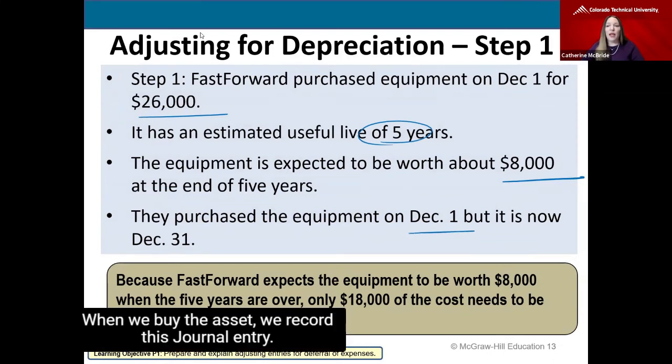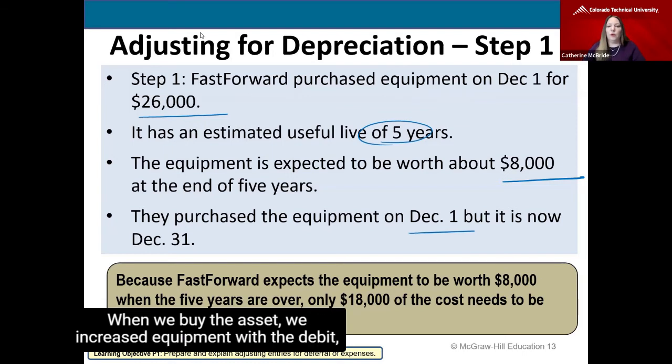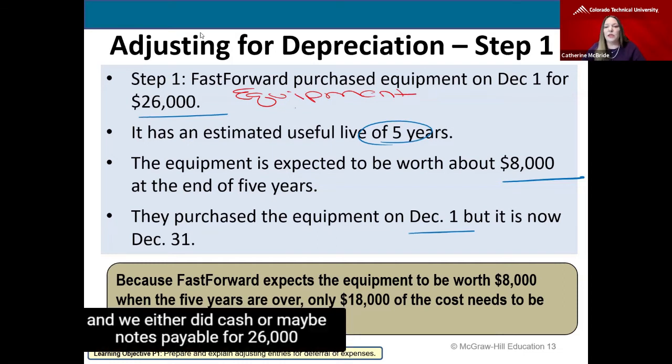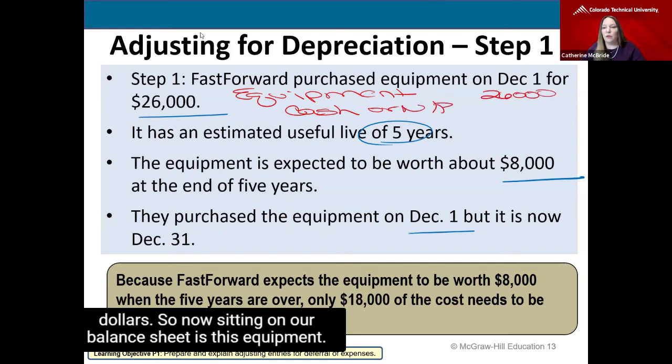When we buy the asset, we record this journal entry. When we buy the asset, we increase equipment with a debit, and we either did cash or maybe notes payable for $26,000.